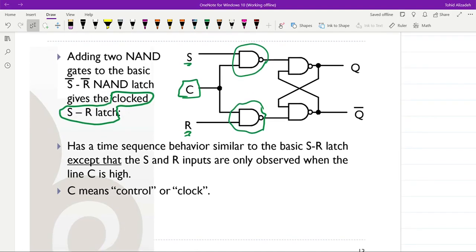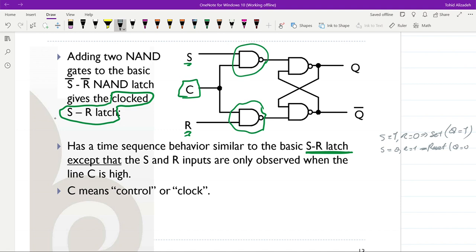In terms of the time sequence, its behavior will be similar to the basic SR latch. So with S and R, indeed, S equal to 1, R equal to 0 will set, or Q will be equal to 1. With S equal to 0, R equal to 1, we will have reset.